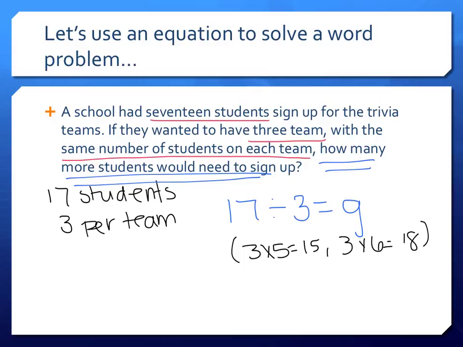So 17 divided by 3 equals 5, but since that's only 15, I have a remainder of 2.